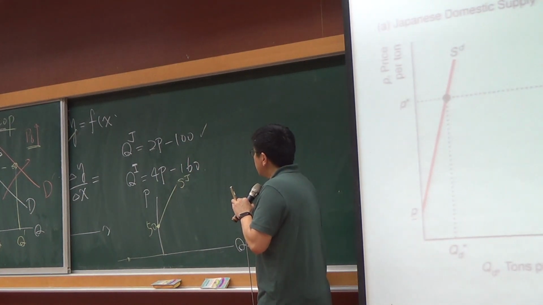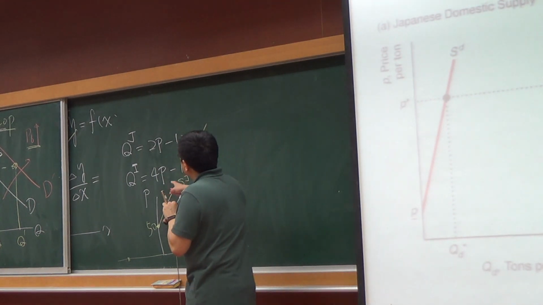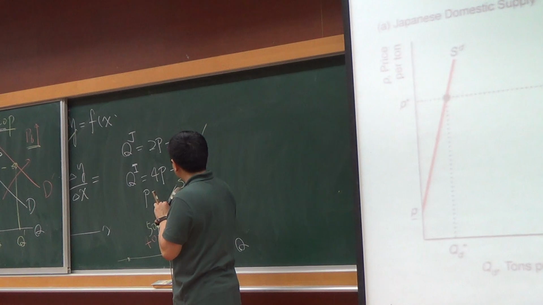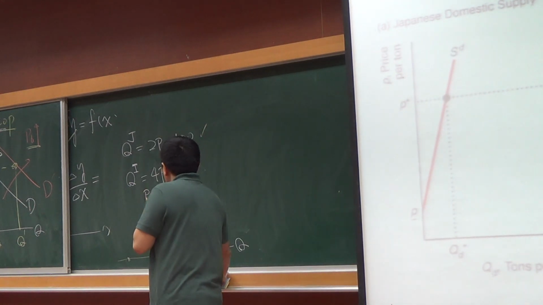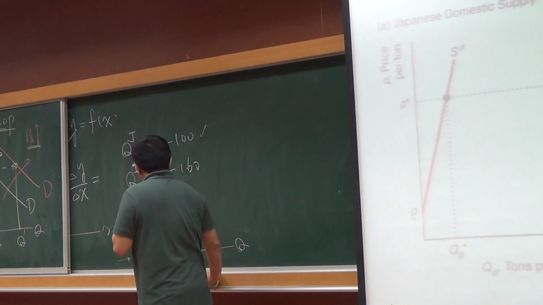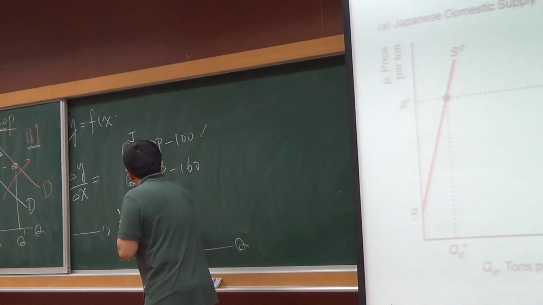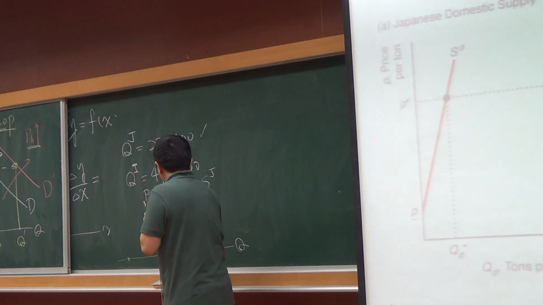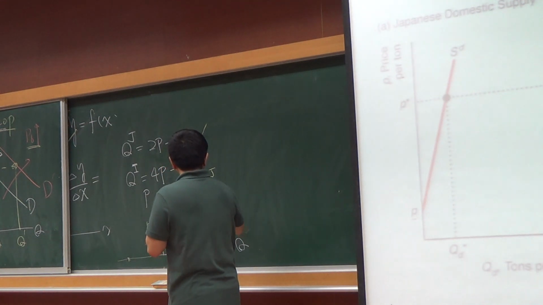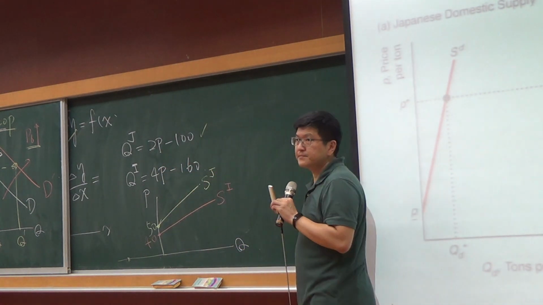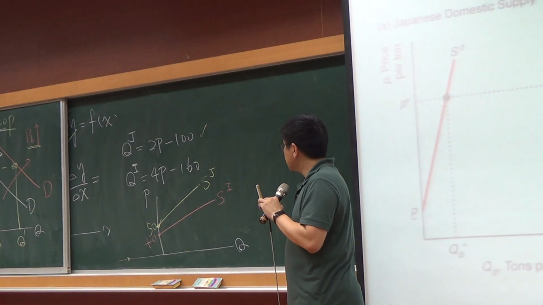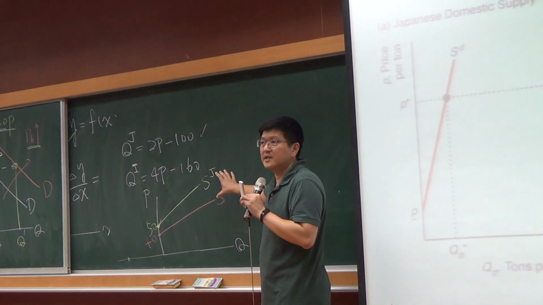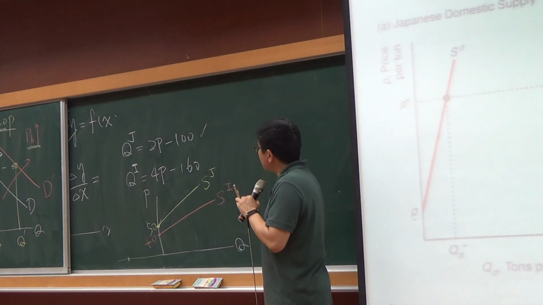For the international supply, if P equals 40, the slope should be 1/2. This is the slope. So did I make it correctly? Right?